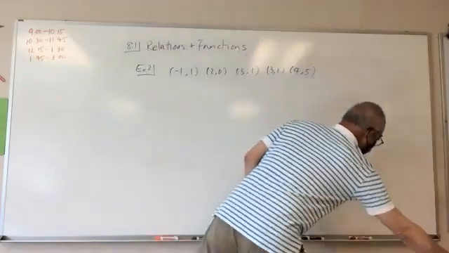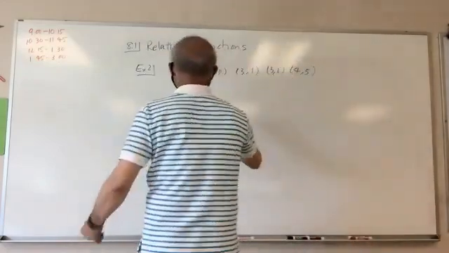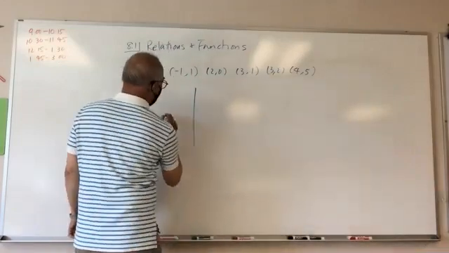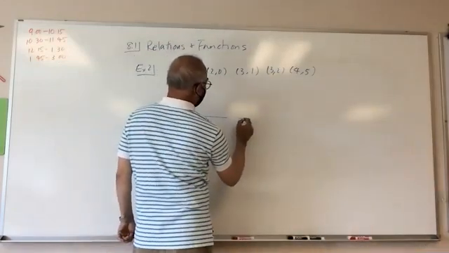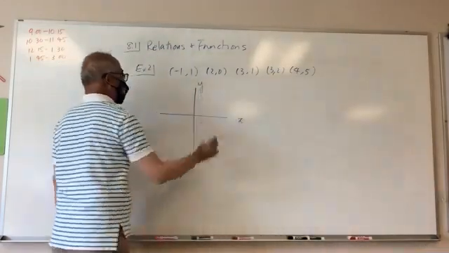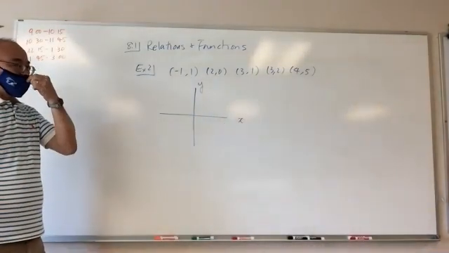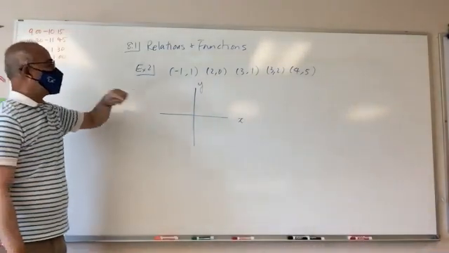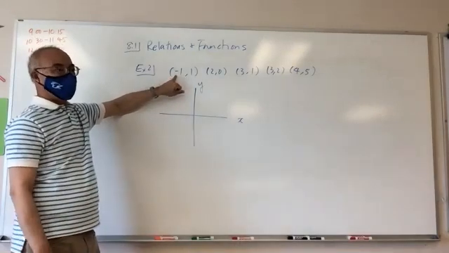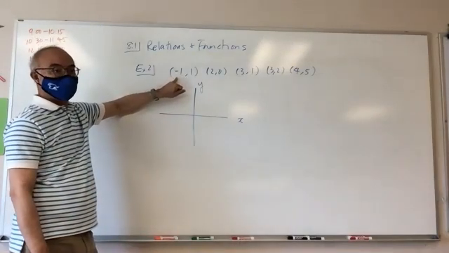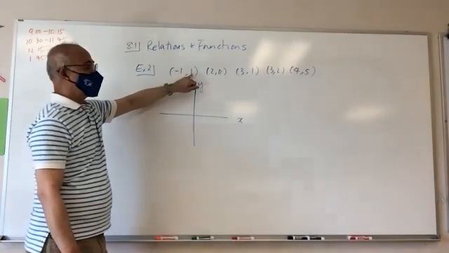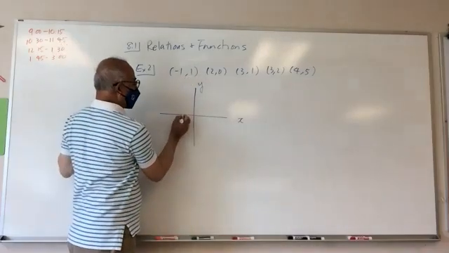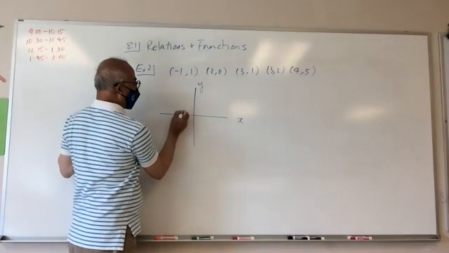So this is where we would put the X and the Y axis, right? This is the X axis, this is the Y axis. So my first one, when X is -1, because the first one is always X, right? The second one is Y. So I get -1 and 1.